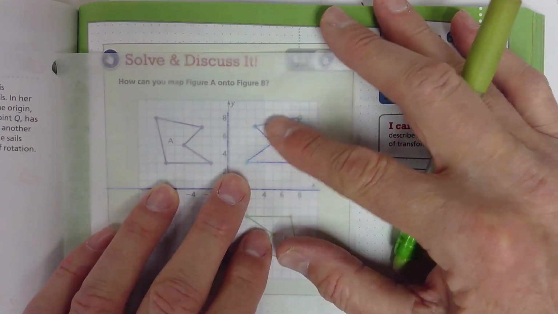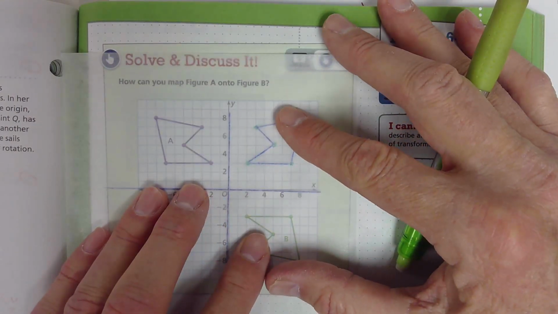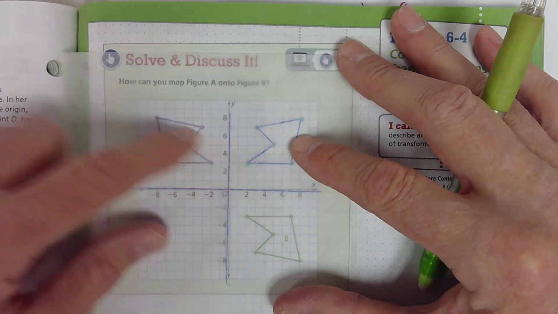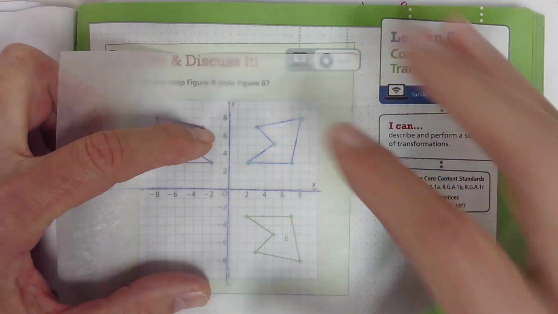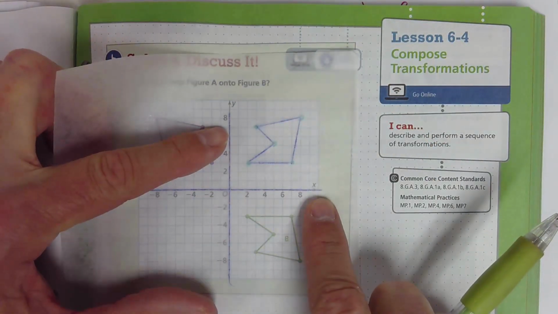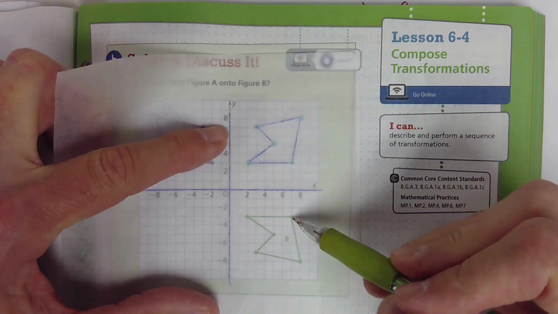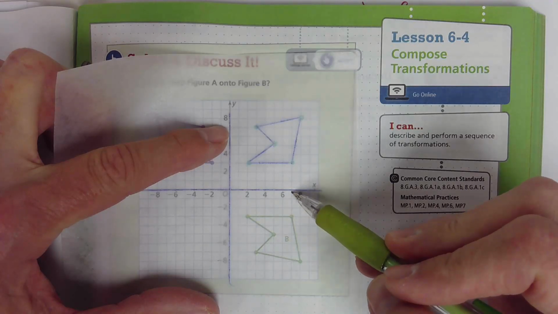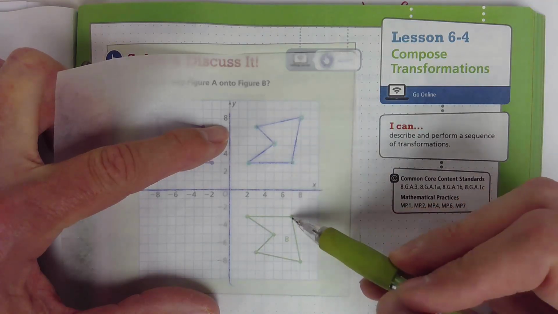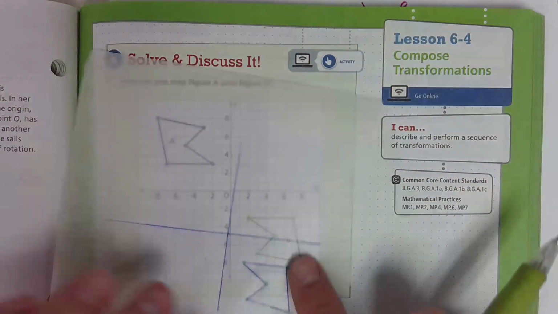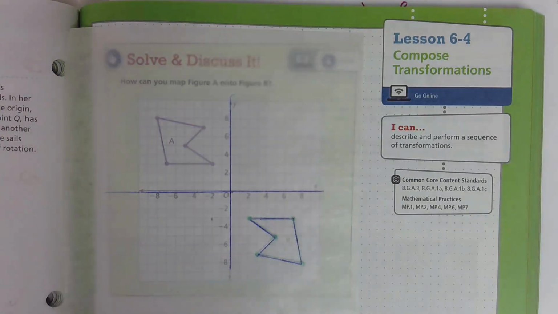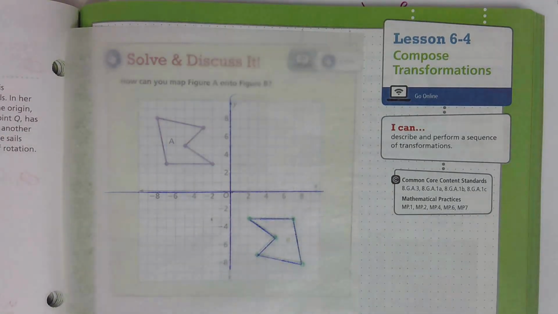So now I've reflected it across the y-axis, and then Mr. Perry said reflect it across the x-axis. And so this point right here is 1, 2, 3 away. This is 1, 2, 3 away, so I want this on that. And then I'm going to reflect it across the x-axis. That works. So 2 reflections.